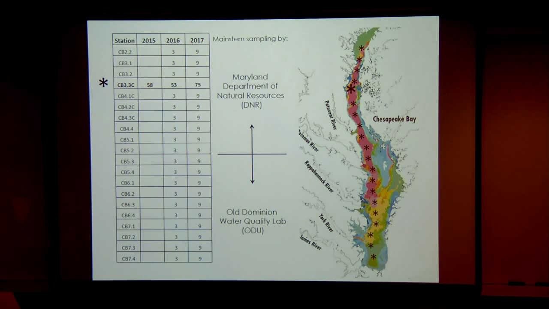In order to observe the microorganisms, we did the same sort of thing where we went out in the Chesapeake Bay and sampled at one position with depth, just like we did at the upper Mystic Lake. That's the CB 3.3C station, which is right around the Bay Bridge up by Annapolis. We went out there over the course of a couple of years, from 2015 to 2017, and collected samples. But one of the important factors is that the physics of the bay are very different from the upper Mystic Lake.